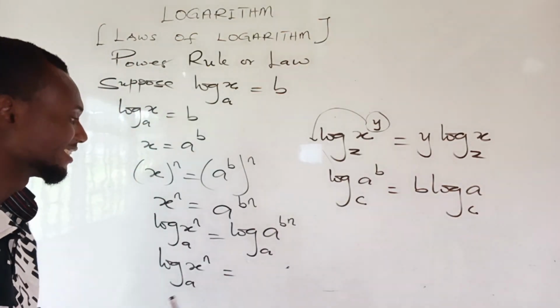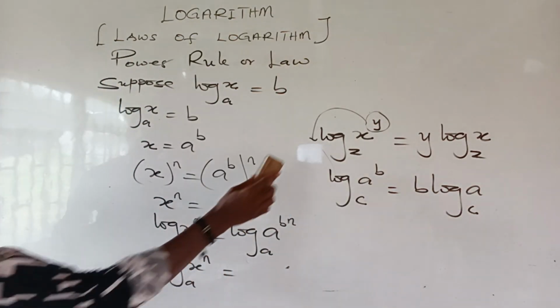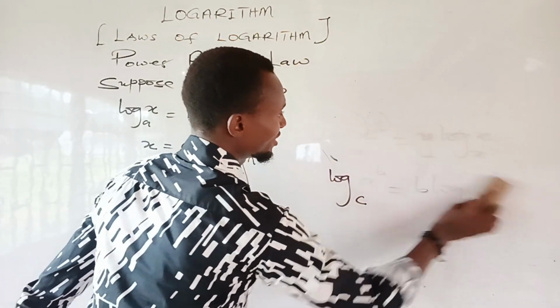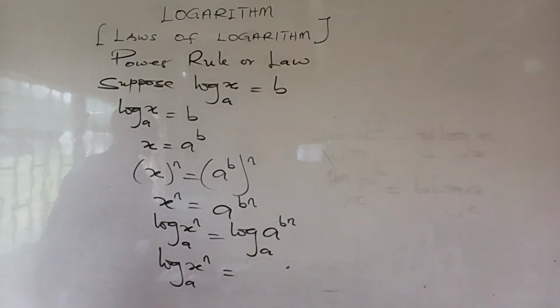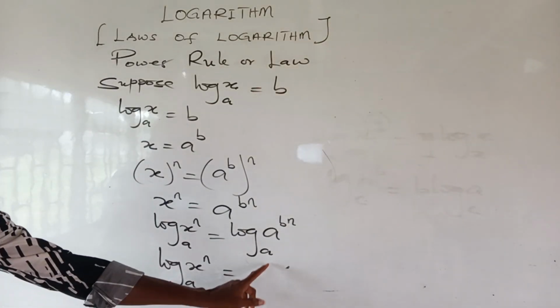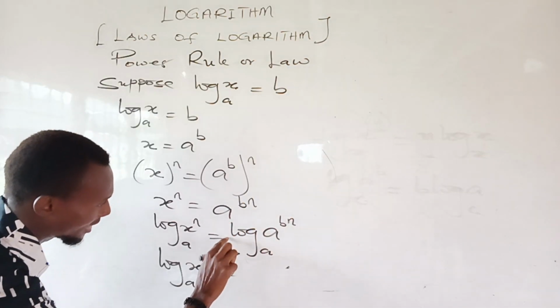So we are going to use the same understanding to rewrite this one. Okay, so let me clean this one from here and let's proceed with the proof. Now writing this one in another way, the power here will come and become a coefficient here.